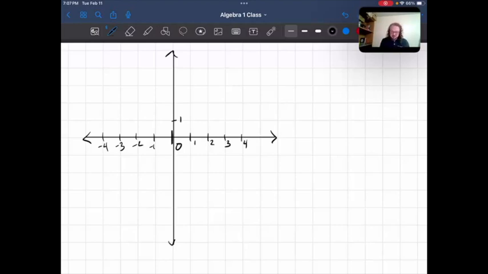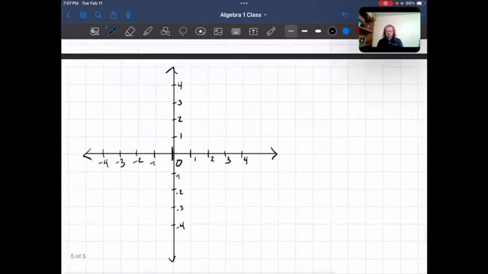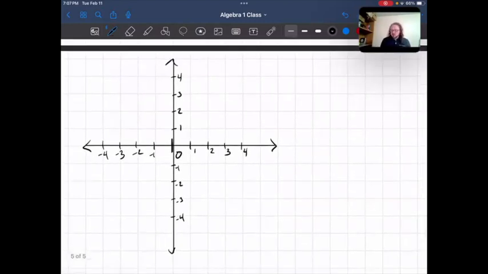So this would be 1 and 2 and 3 and 4. Negative 1, negative 2, negative 3, negative 4. This is called a coordinate plane, or some people hear it a lot, just kind of called a graph.